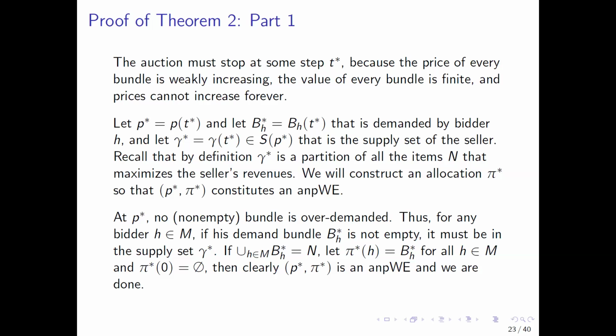Okay, now let's use this P star. T star is the last step of the auction. Let this gamma star be the last supply set given by the seller. It is important to point out that by definition, this gamma star is a partition of all atoms that maximizes the seller's revenue.